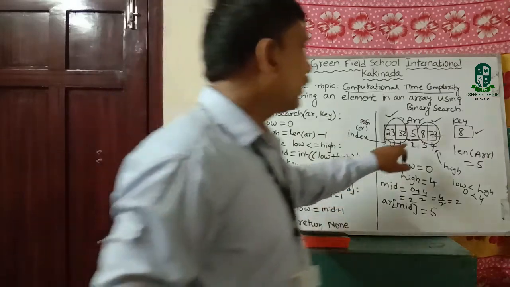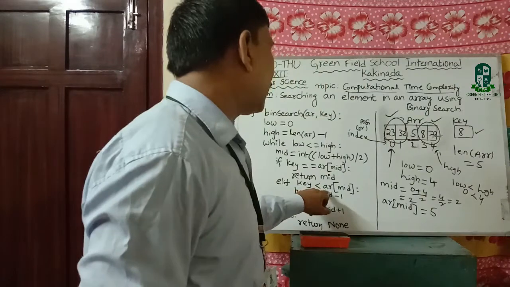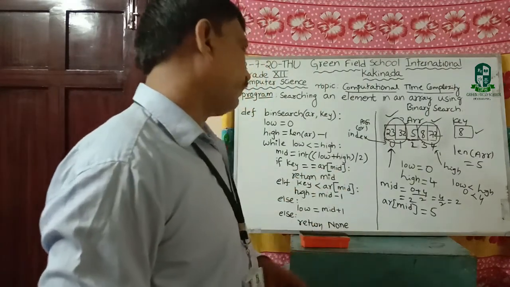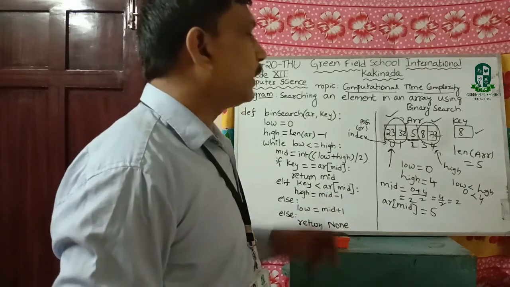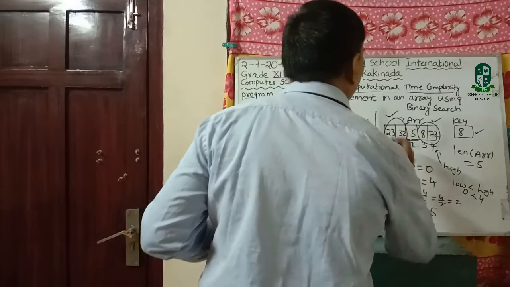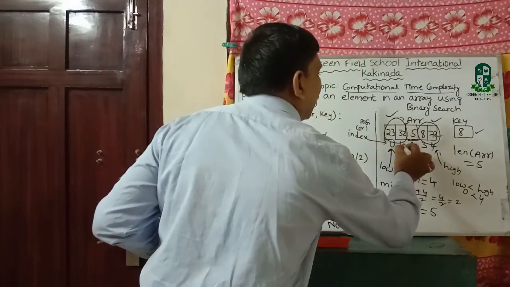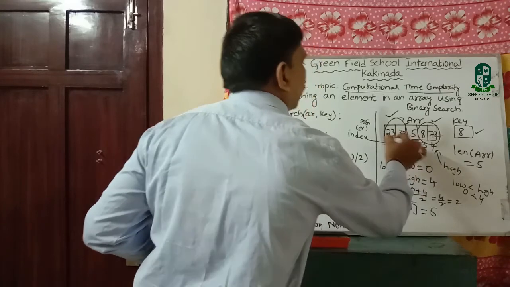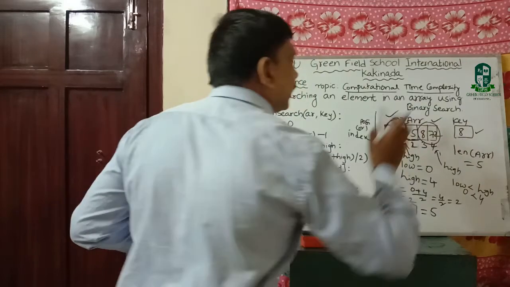If the key element is greater than array of mid, low is set to mid plus 1. If the key element is less than array of mid, then we have already set low here, so we set the high here. In this case we set high, in this case we set low.